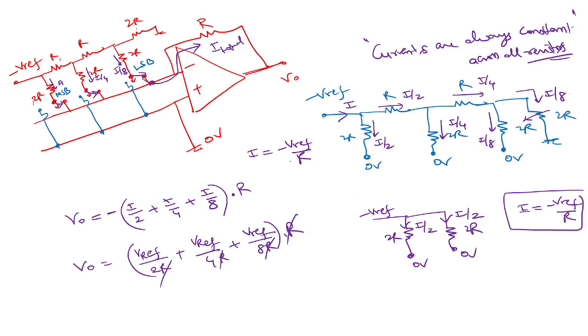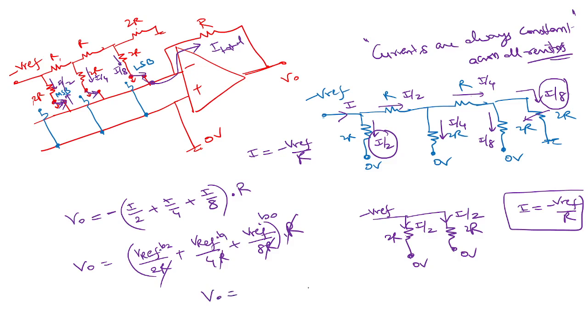Now, how to decide which is MSB and which is LSB? See the current weight. This is I by 8. This is I by 2. So the current that passes through this node is very heavy. This is I by 2. That's why it will become MSB. So I can put the MSB bit here. Then this will be this.